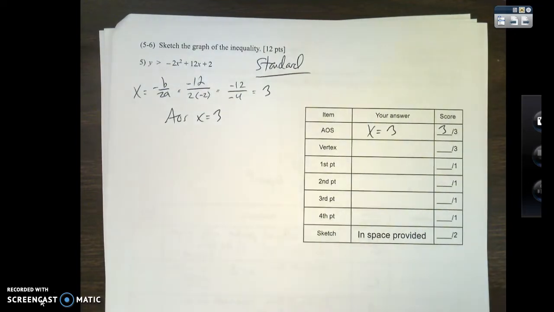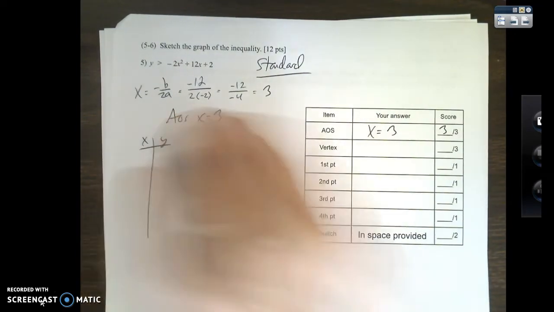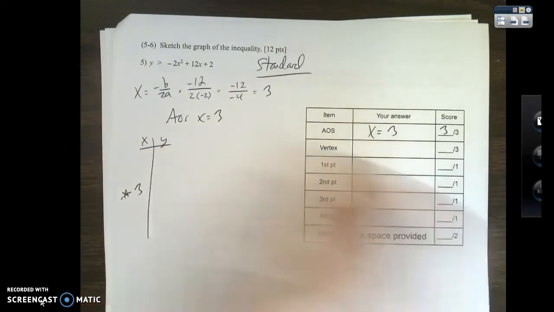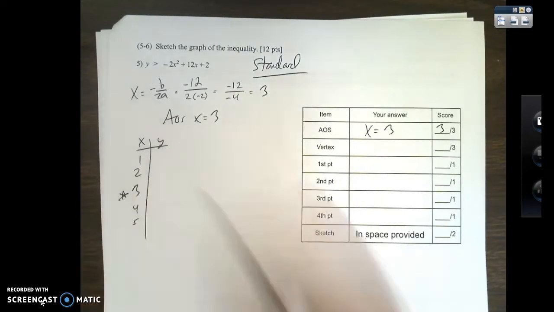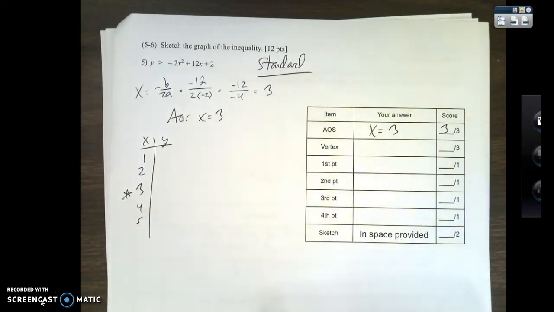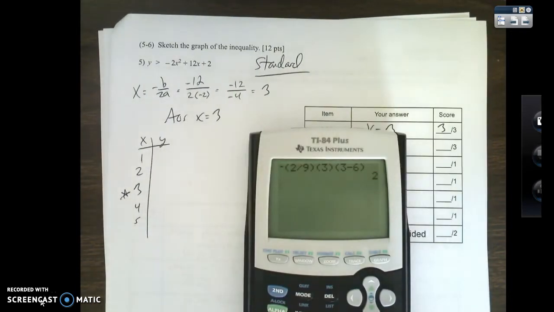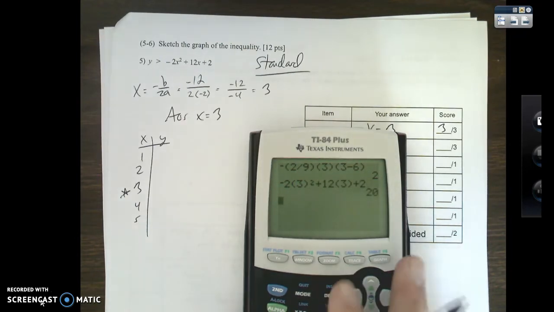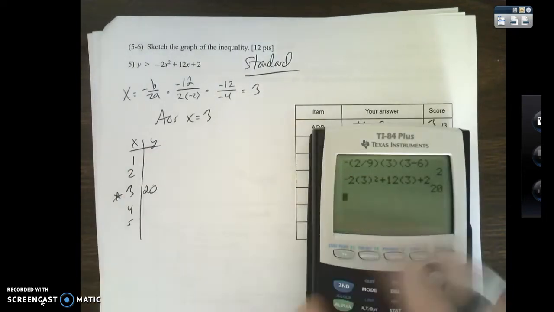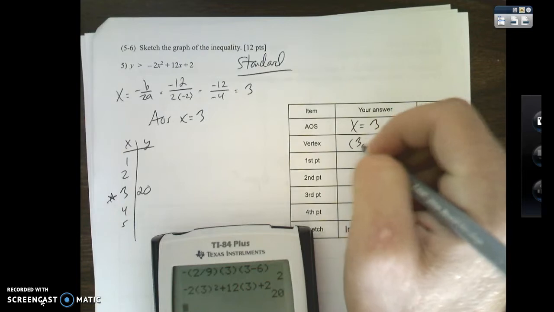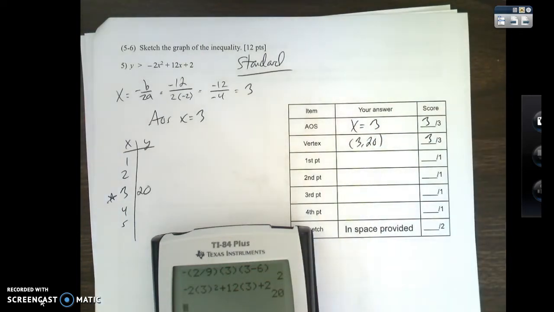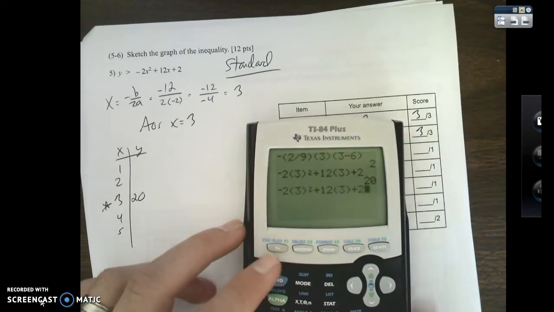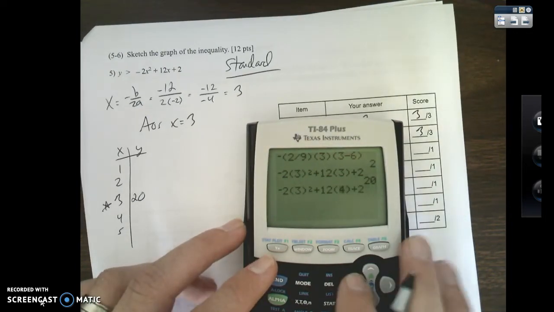Real simple. Now I'm building my XY chart. I'm putting 3 in the middle. I'm taking my calculator now, and I'm going to type in negative 2 times 3 squared plus 12 times 3 plus 2. So 20 I'm looking at, which is my vertex. Boom. For more points, if I want the other points, I'm going to change the 3 to a 4.